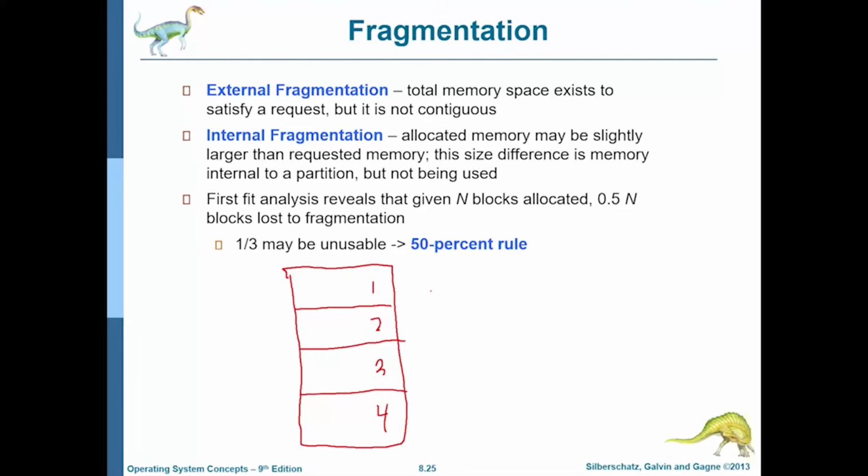If a process comes that takes this partition, and only a little bit of this partition, this area cannot go to another process, because the rule here is that one partition can only go to one process. So whatever it uses here is used by that process, but the rest of partition number 3 is not used by that process. So that is called internal fragmentation.